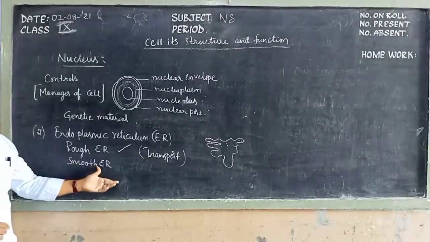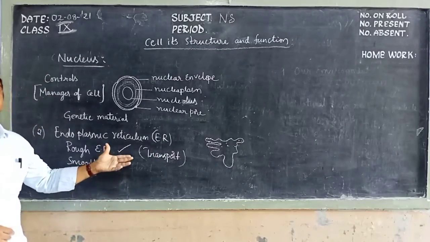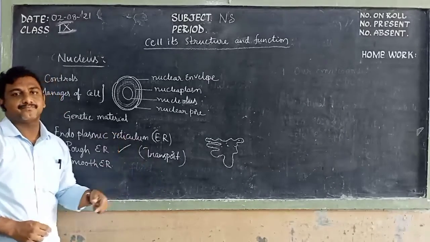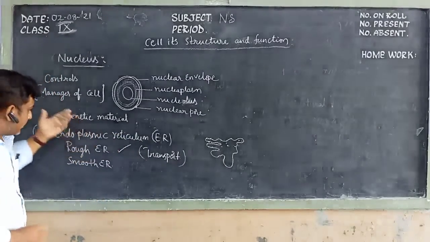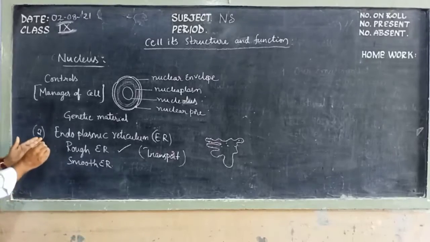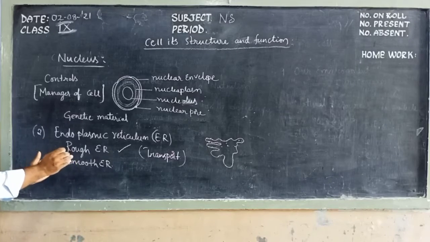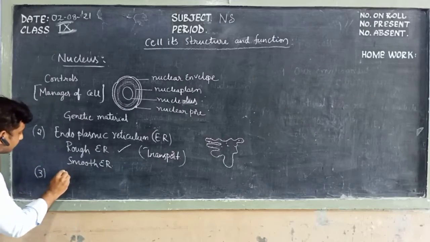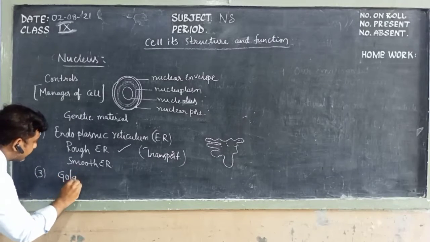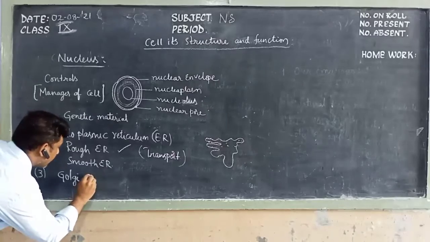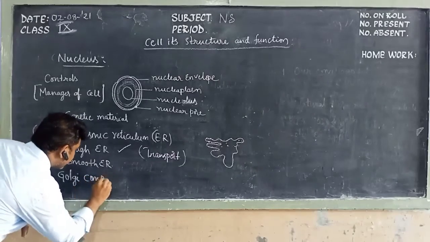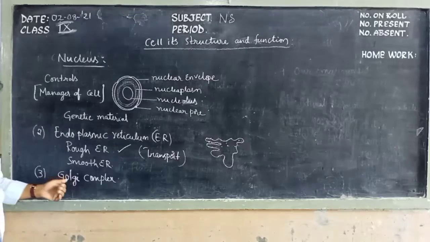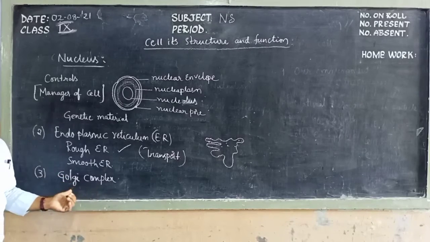In smooth endoplasmic reticulum, we observe transport of lipids along with a small amount of fats. Okay, next, immediately after the endoplasmic reticulum, the third cell organelle is the Golgi apparatus, or Golgi complex, or Golgi bodies.